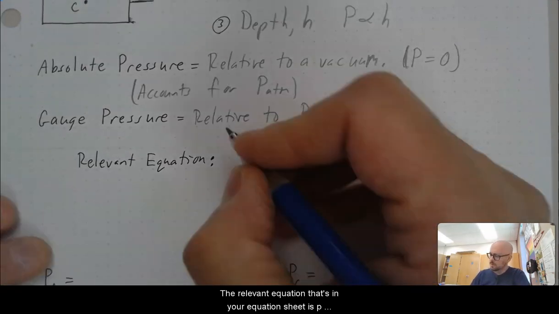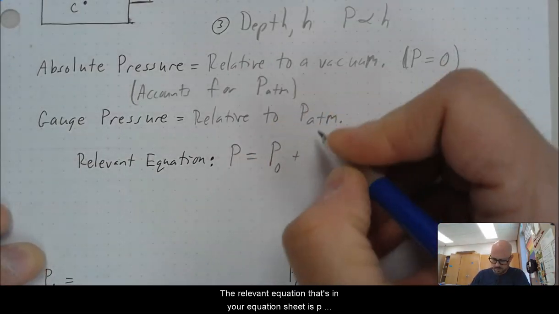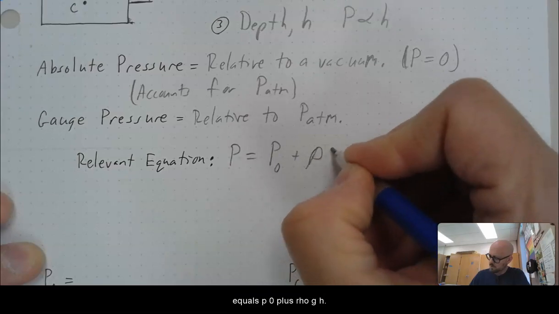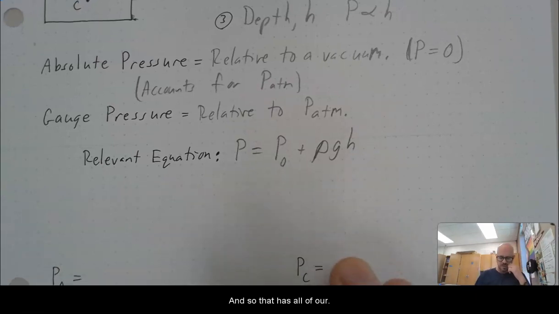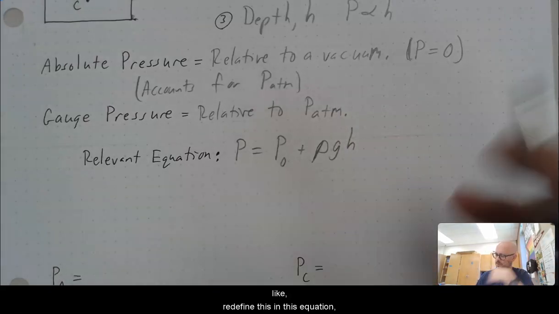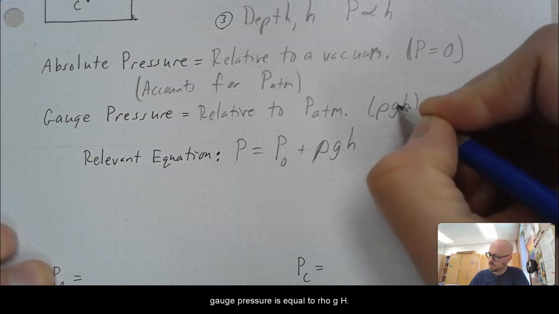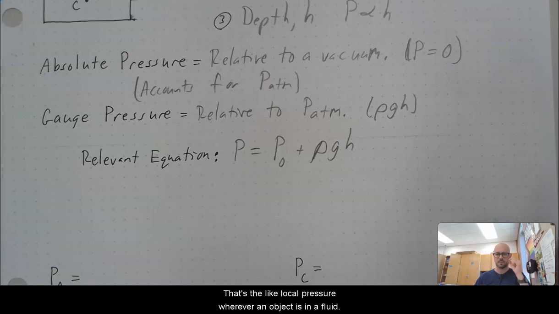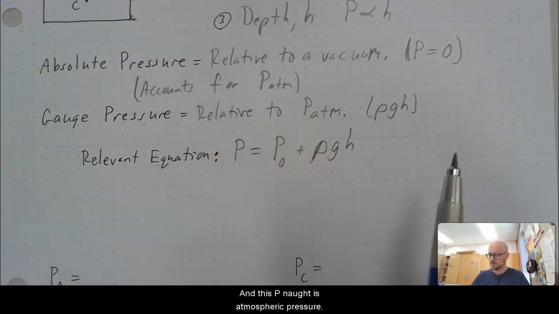The relevant equation that's in your equation sheet is P equals P naught plus rho g h. And so that has all of our important variables there. Now I'm going to go back and redefine this. In this equation, gauge pressure is equal to rho g h. That's the local pressure wherever an object is in a fluid, and this P naught is atmospheric pressure.